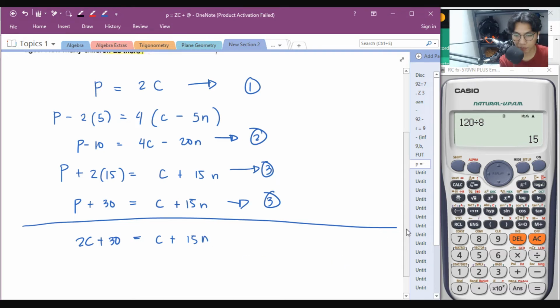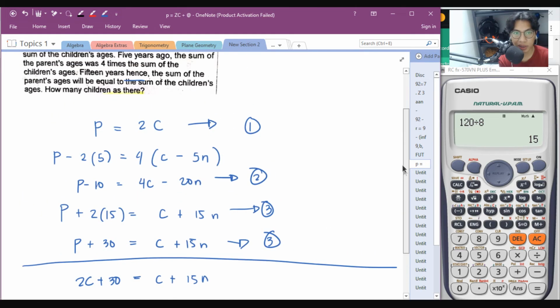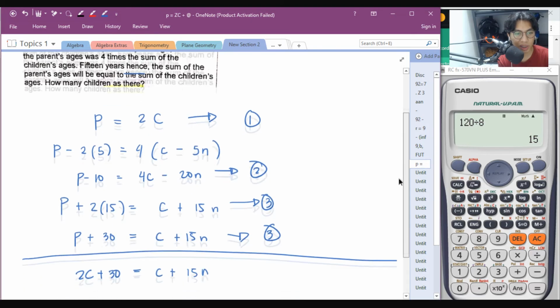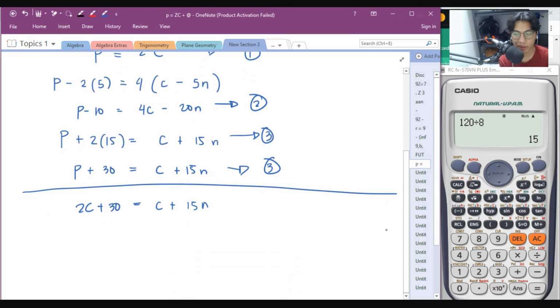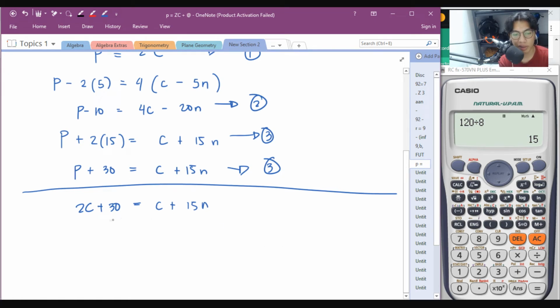Okay? So, anong hinahanap dyan? How many children are there? So, 2C. Pagsamahin ko dito, okay? Bale, C will be equal to, say, 2C minus C. C is 15N minus 30. Meron na tayong value ni C.